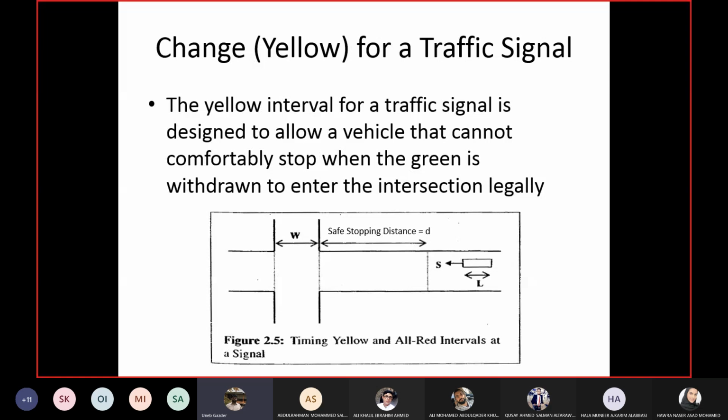Yes, anyone? Just a guess. What is the purpose of giving yellow interval? Come on, all of you are drivers. So that the drivers don't stop in an instant and make accidents.